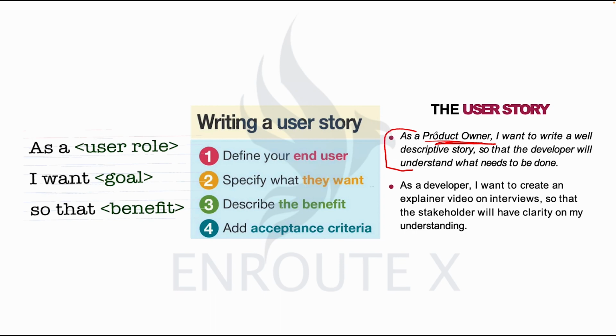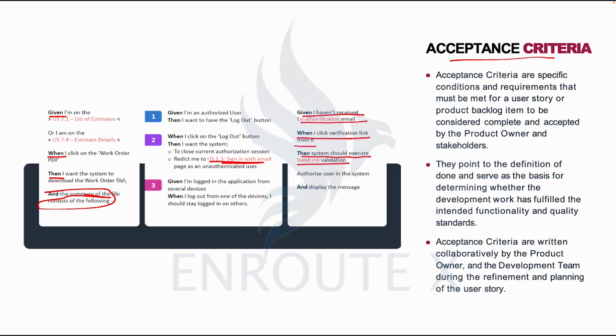That's the given, when, and then. Given that the product owner had done what he claims to have done, let's go there again. When I check for the material or the resources, then I should have understanding on what the product owner had done.